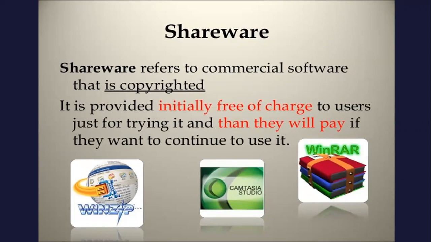It is not the same as free and open source software because number one, source code is not available, and number two, modification to the software is not allowed. The objective of shareware is to make the software available to try out, as some users may not want it.